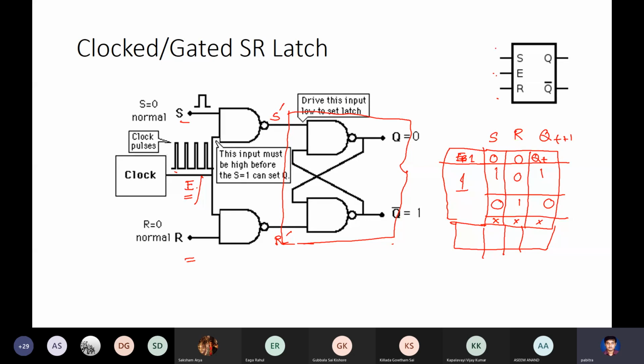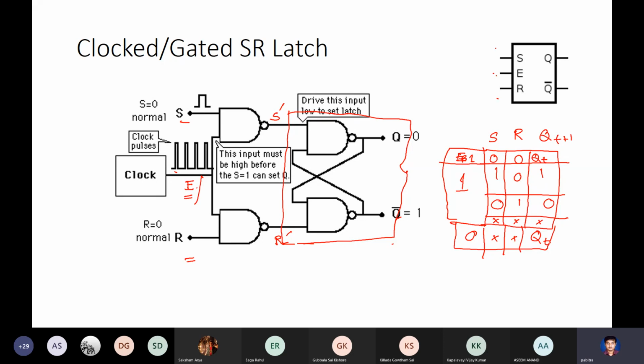When the enable is 0, whatever be your S and R, no change in output will happen. It will hold the output. The latch is activated or open only when enable is on. Only then is the latch active.